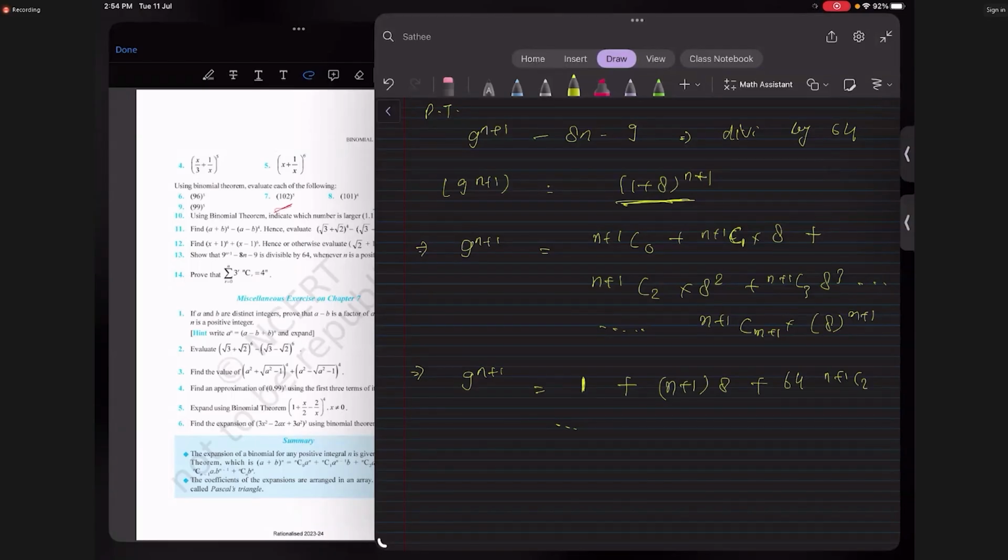If you observe all the terms after this, 8 square will always be present.